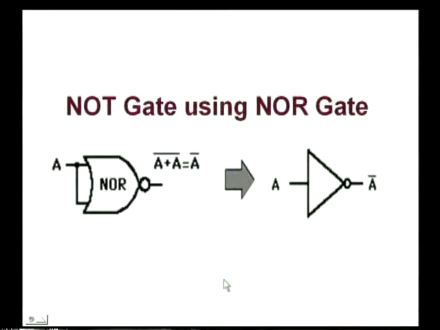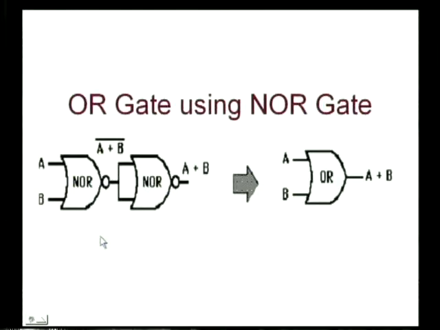Now, we shall see the other gate. The OR gate is realized using the NOR gate. Use the first NOR gate in its natural functionality, that is, given the inputs A and B, the output produced at the output of this NOR gate will be A ORed with B complement.